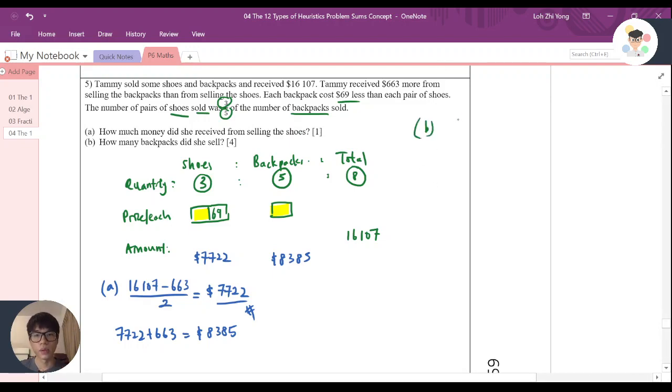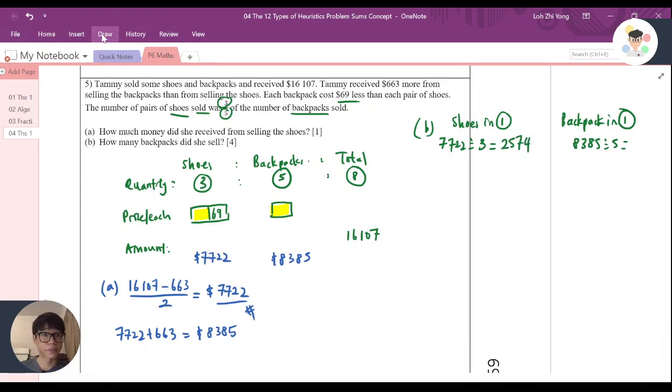B, we'll find out shoes in 1 unit and also backpack in 1 unit. So I will use 7722 divided by 3. At the same time here, I will use 8385 divided by 5 to find out one unit. If you press on the calculator, 7722 divided by 3 is 2574.